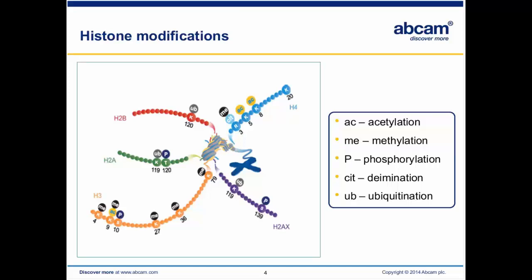There are also modifications to histone variants, such as phosphorylation of histone H2AX at serine 139 that serves as a marker for DNA damage. Specific modifications have different effects on gene transcription, as we'll see later.